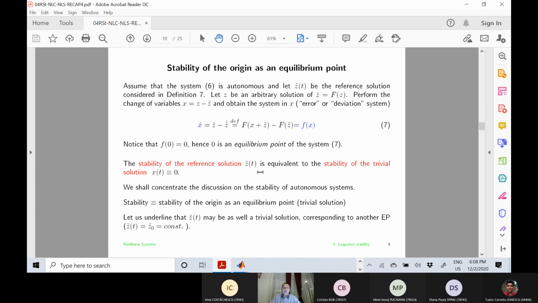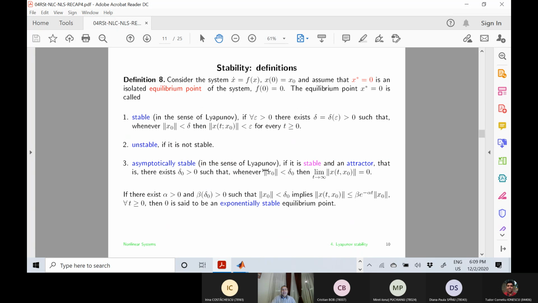So whatever reference solution I take, if I make this translation written in Formula 7, we can go back to the stability of the trivial solution, x of t identical 0. And from now on, starting with these definitions, all our discussion went towards stability with respect to the origin. But keep this in mind, please.